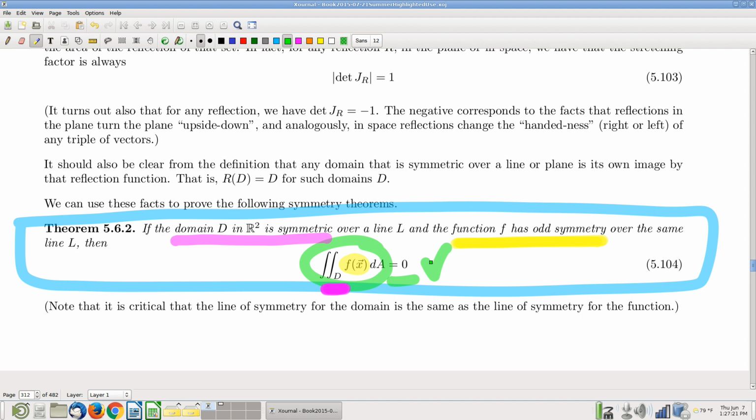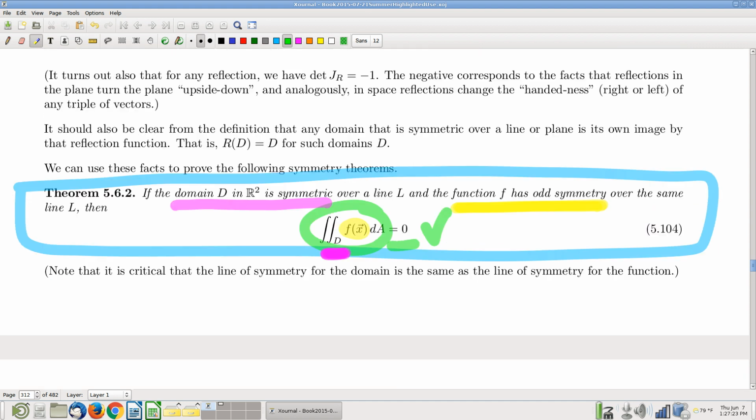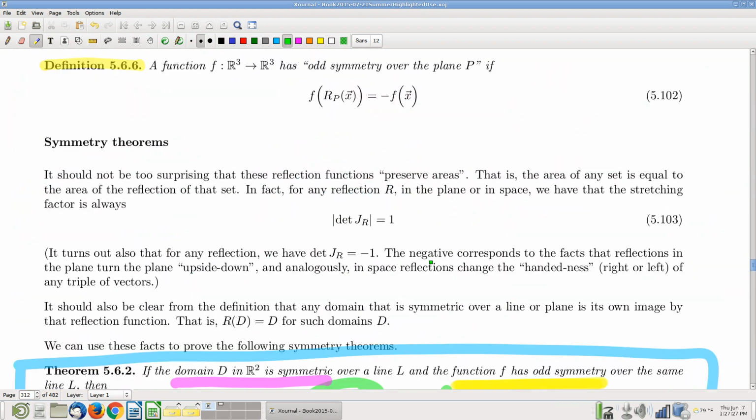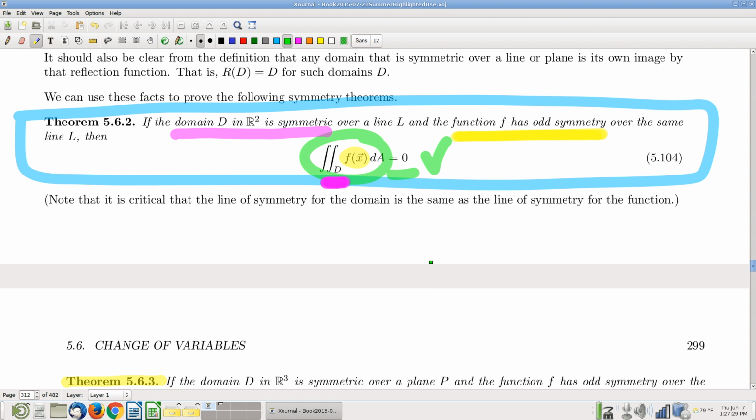And the idea is not terribly different. If you're looking at a symmetric domain, let's see, do I have a picture here? I guess I don't. Shame on me. Let's say you're talking about a line like this, and your domain is symmetric over that line, as I've tried to draw this.